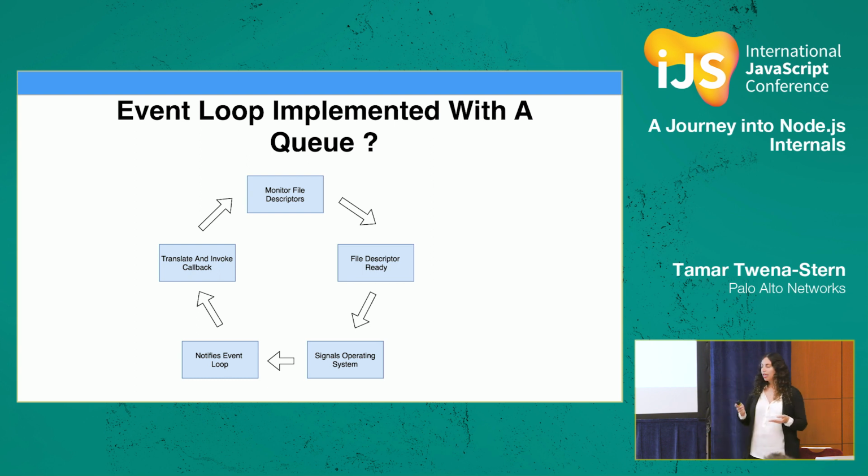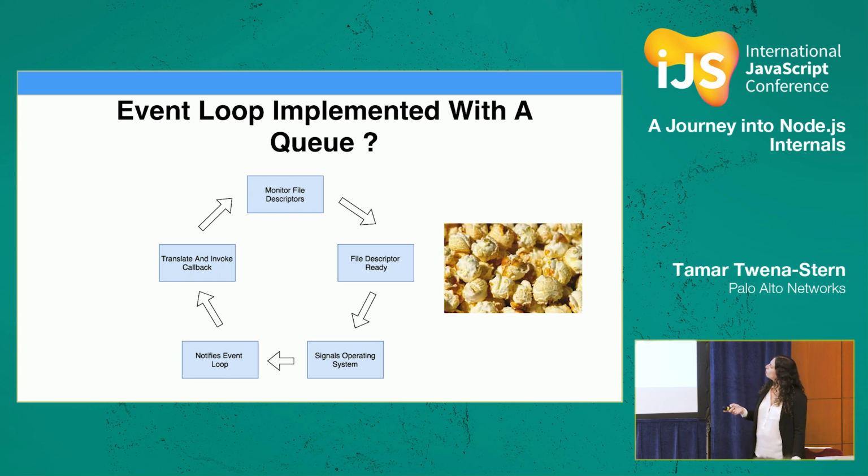The event loop is monitoring a lot of file descriptors, and when one of them is ready, it gets a signal, and the execution callback of that specific heavy I/O operation is inserted into the event loop itself. So it's not really a queue, it's more like popcorn. Whatever's ready just pops up and gets into execution.